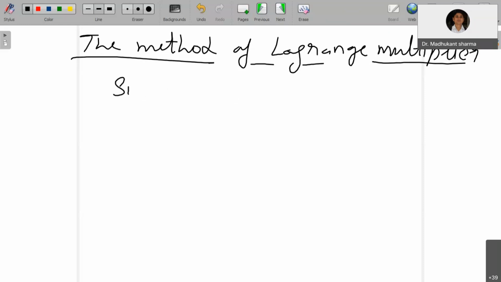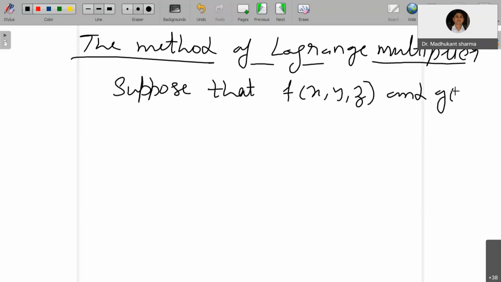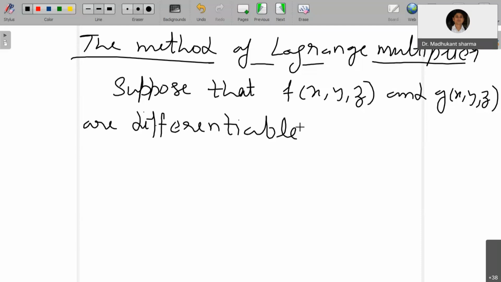Suppose that f of x, y, z and g of x, y, z are differentiable. It is easy to verify differentiability: you have to see whether all the first order partial derivatives are continuous. If they are continuous, you can decide the differentiability.